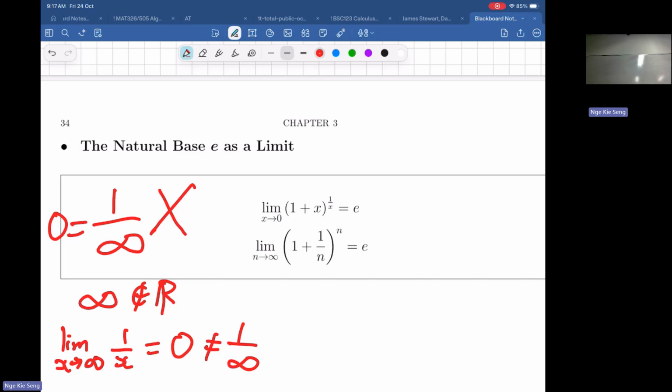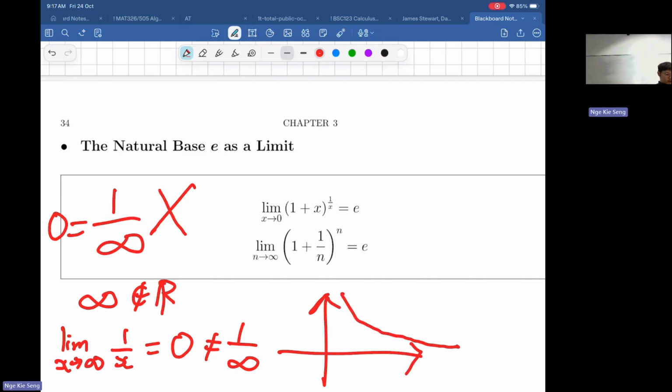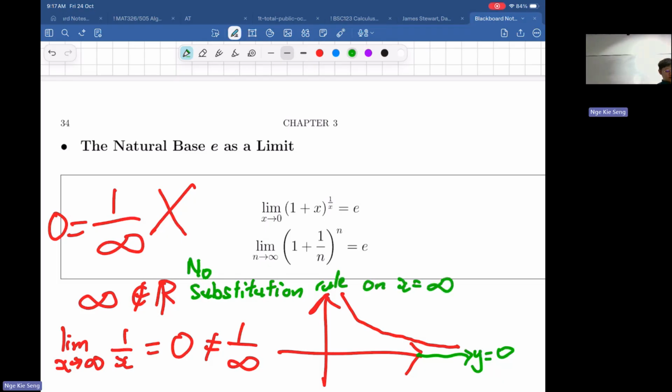We are describing a behavior: when x goes to infinity, the function gets very close to the line y equals 0. It's not really evaluating. There's no substitution rule or property for x equals infinity, and x cannot equal infinity.